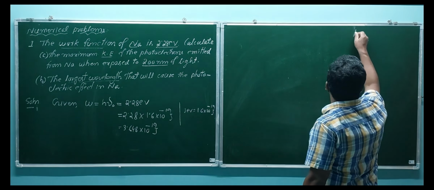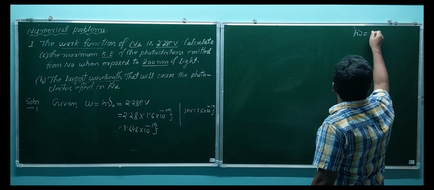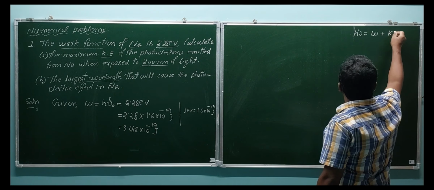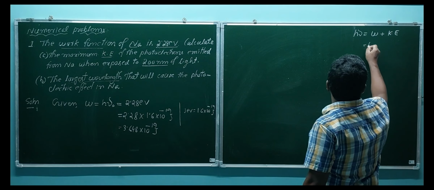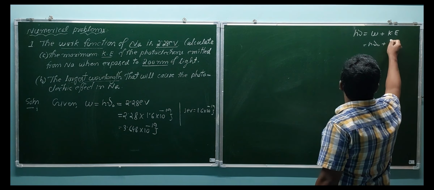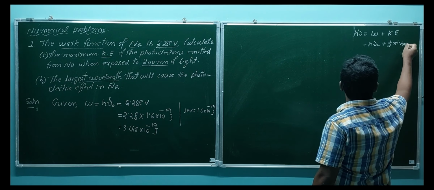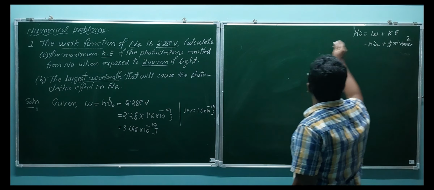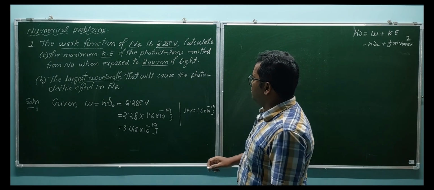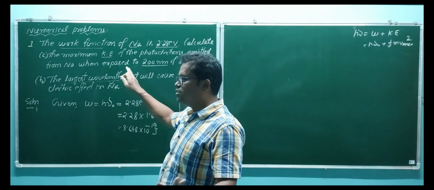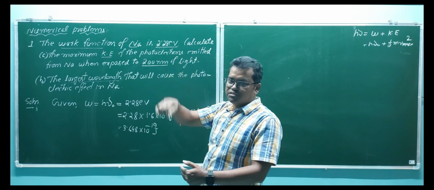We know h nu equal to W plus KE, or h nu naught plus half m v max square. Again, when I see here, work function we got, but light falls.